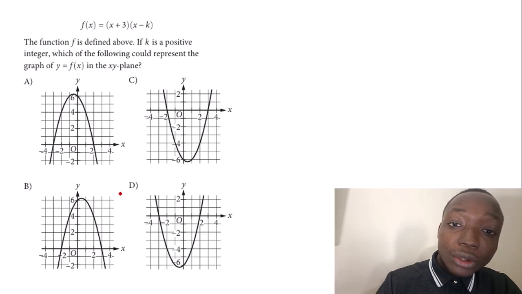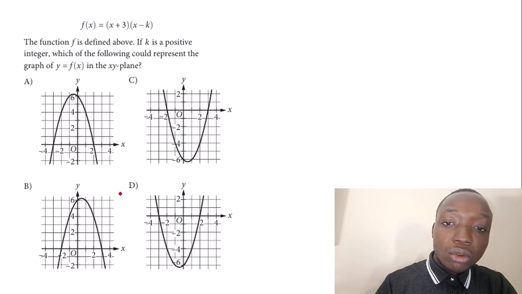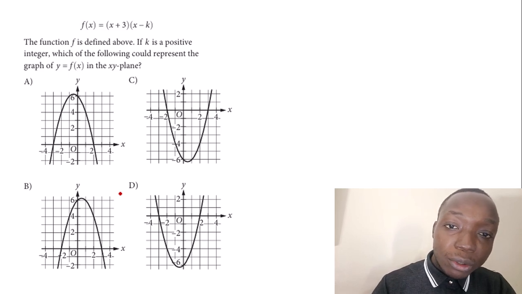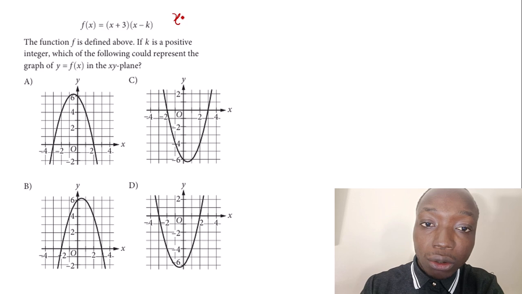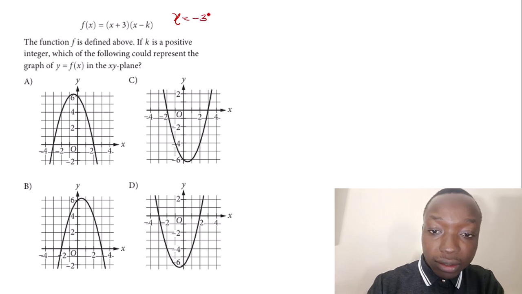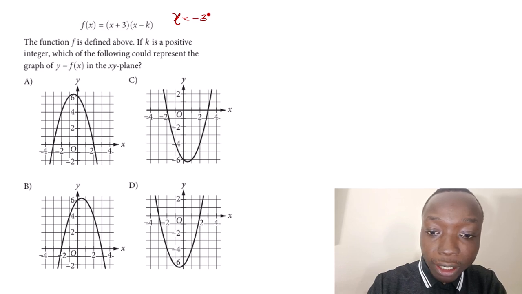The next question, we want to find which graph matches this equation. So two things you need to do here. x plus 3 is a factor, x minus k is a factor. What this means is if you substitute x equal to -3, you should get 0 for the function. So where do we have the function value being 0 when x is -3?